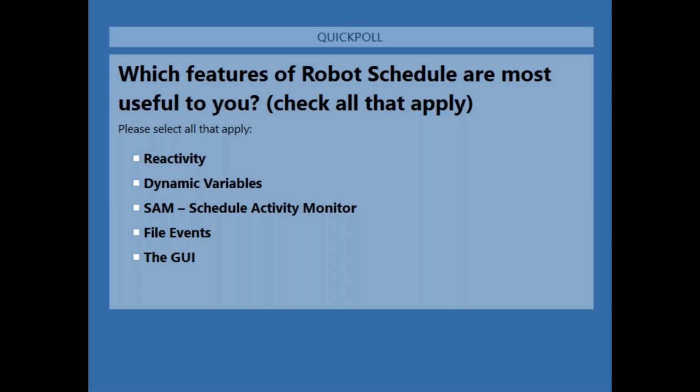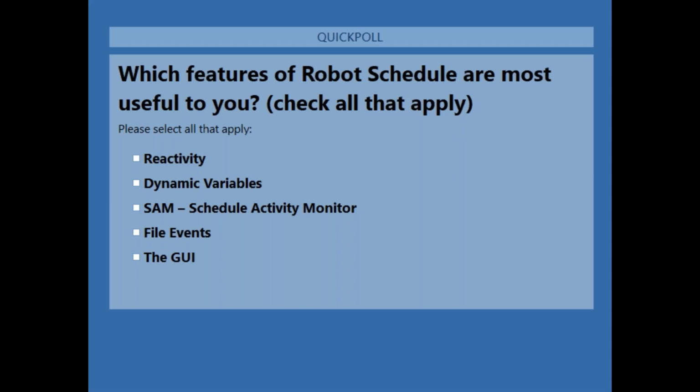Which feature of Robot Schedule is most useful to you? Check all that apply. Reactivity, dynamic variables, schedule activity monitor, file events, the GUI. Wow, that'd be a hard one. I'd probably choose all of them too.